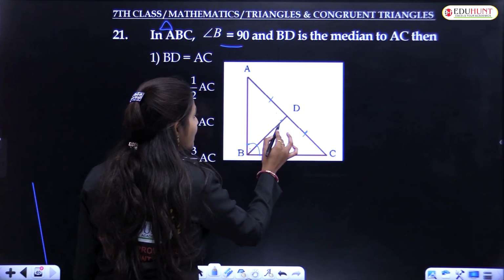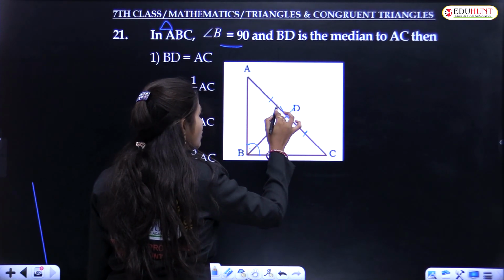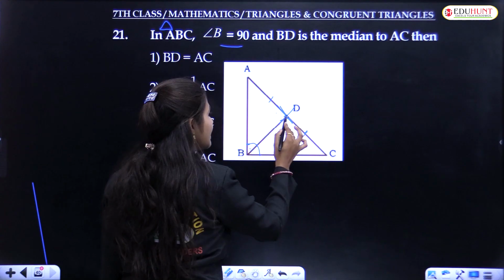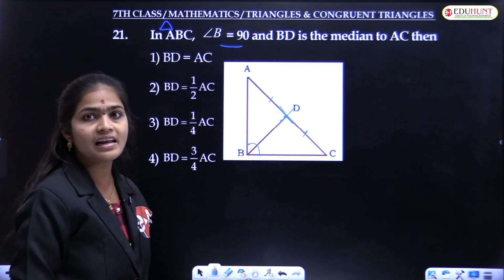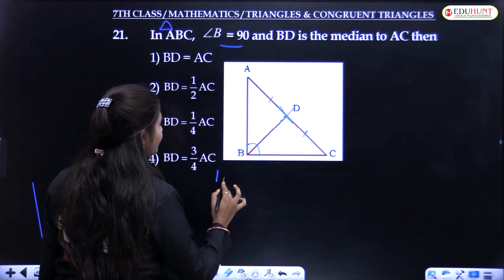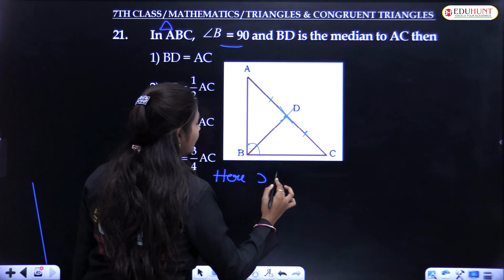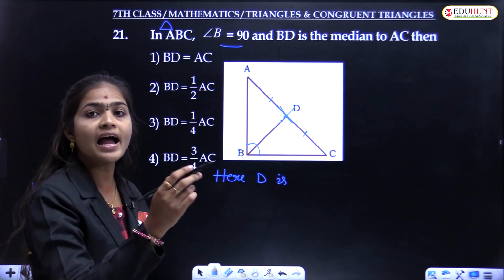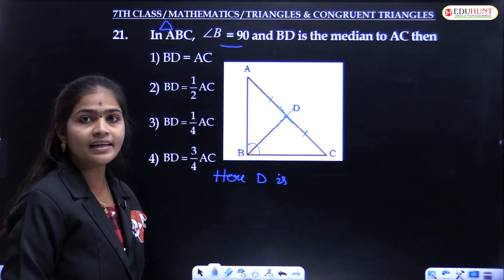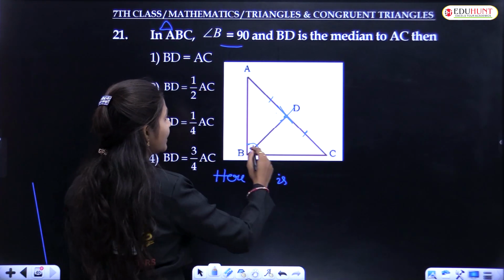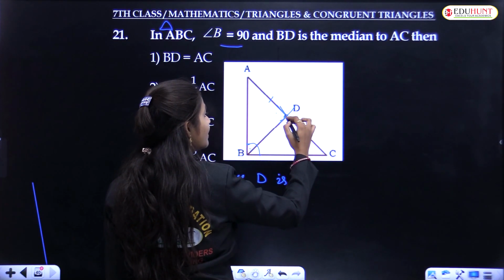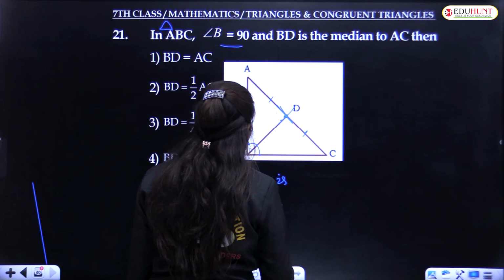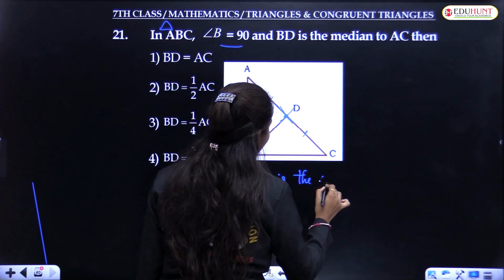Okay, so this is a perpendicular bisector and these two are also perpendicular bisectors from the A and C vertices. Okay, so we can say that D is the circumcenter of the triangle ABC. Already we know that the circumcenter lies on the hypotenuse of a right angle triangle. Okay, so in a right angle triangle, here D lies on the hypotenuse. So we will call D the circumcenter.